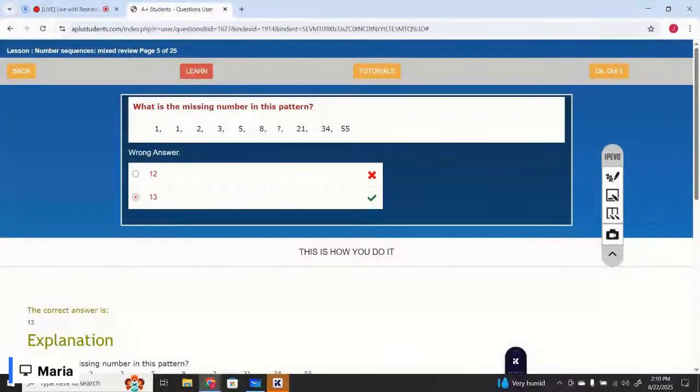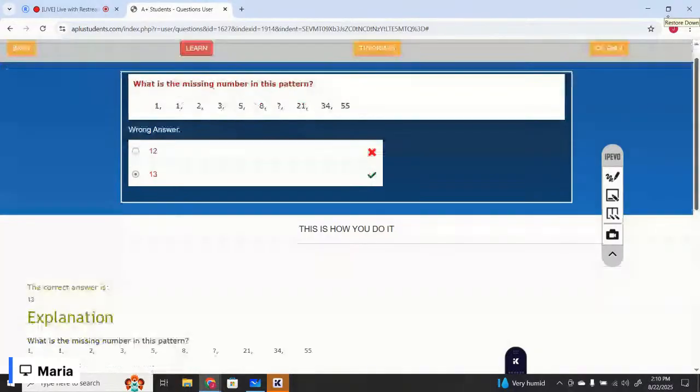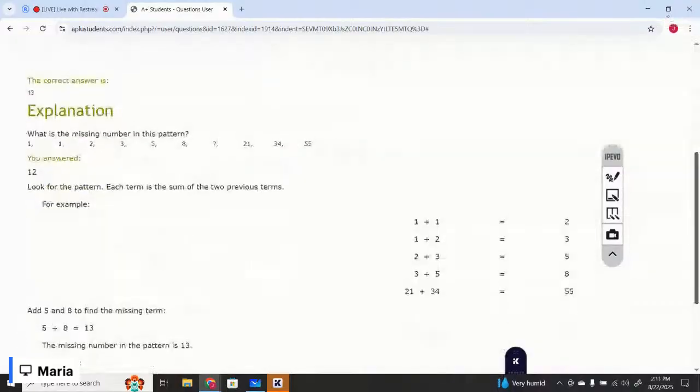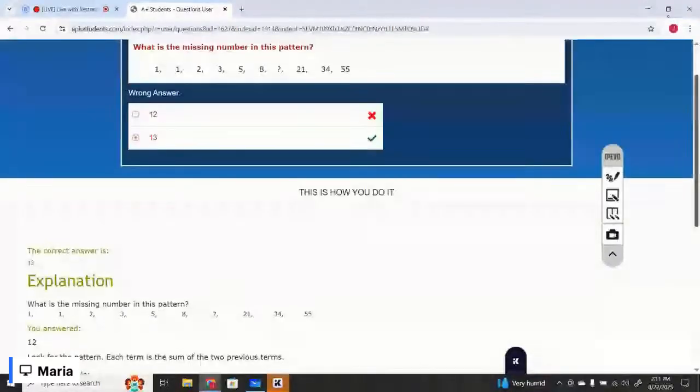But how would that be 13? 8 plus 4 would be 12.